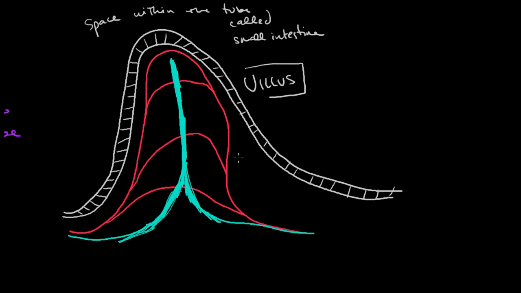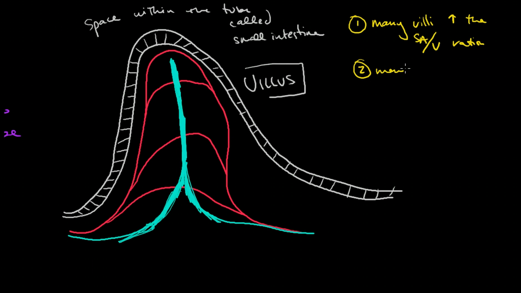And so we have to talk a little bit about how this is modified to increase absorption. And so here's a list of things that you should know. So there are many villi, which increase the surface area to volume ratio, which increases the ability to absorb things quickly.